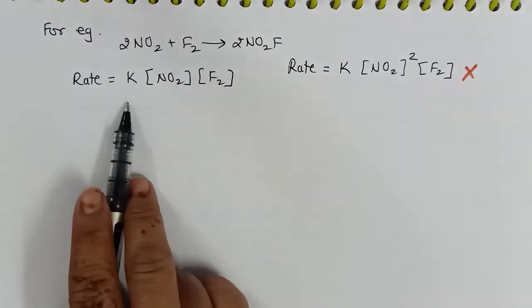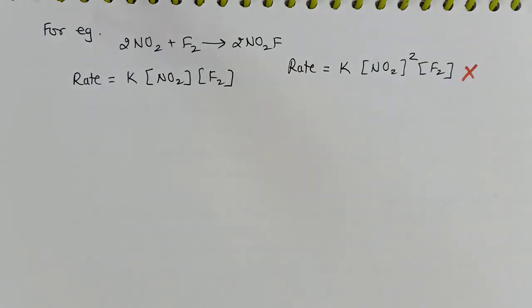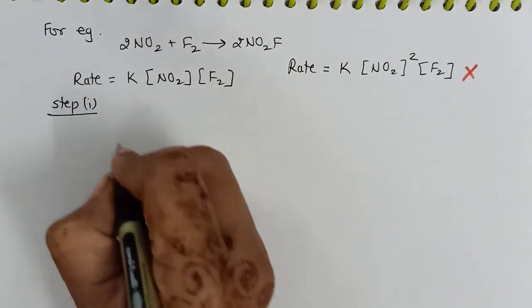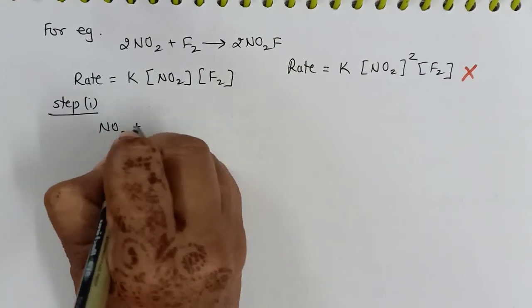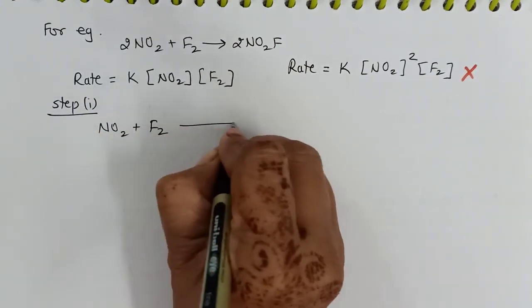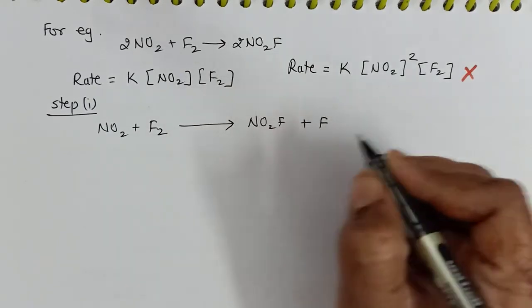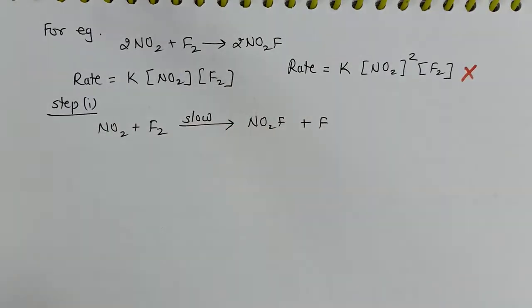Now why did this difference come? This difference comes because of the reaction mechanism. This reaction occurs in two steps. In first step, nitrogen dioxide reacts with fluorine to give NO2F and fluorine. This is the slow step.